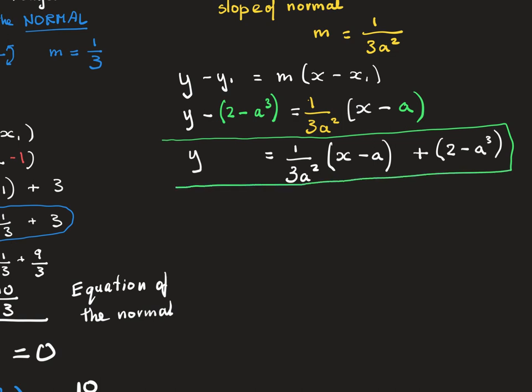It's quite big. If we wanted to find where it intercepts the y-axis, we will need to ask what is the value when x is equal to 0. So y is equal to 1 over 3a squared, and this is where the x comes in, 0 minus a, plus 2 minus a cubed.